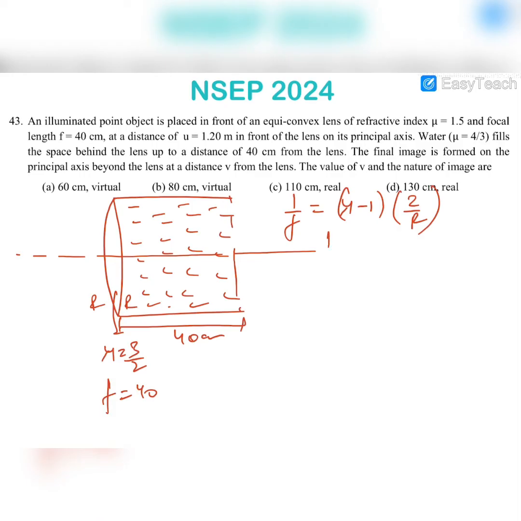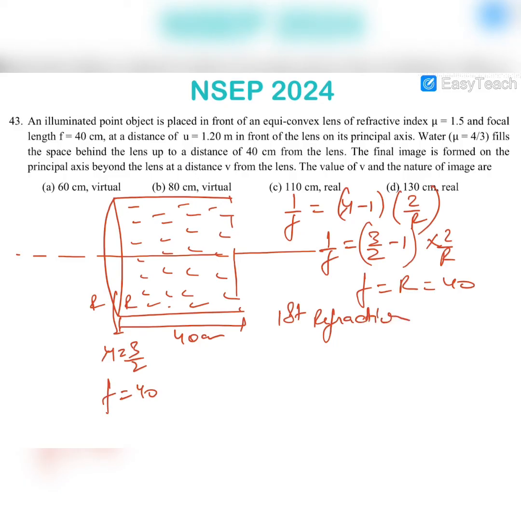So 1 by f, for this lens mu is 3 by 2 minus 1, and this is 2 by r. So for this lens f will be equal to r, and it is 40, so f equals r equals 40.